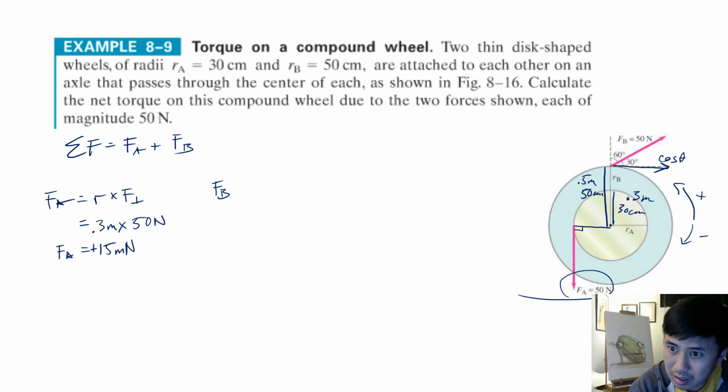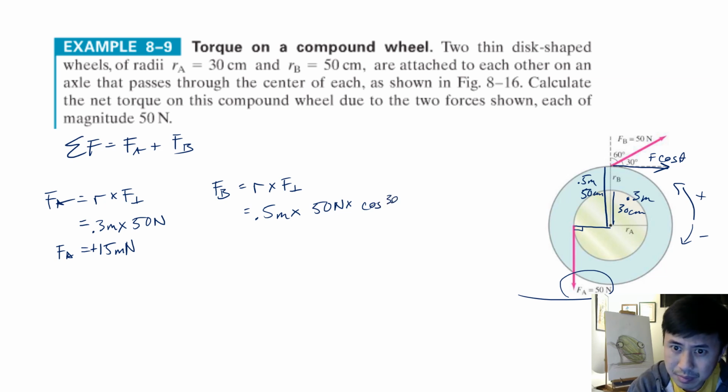It's cosine theta. This is F cosine theta. Okay, so this is R times the force that's perpendicular to it. In this case, the R is 0.5 meters. And the force that's perpendicular to it is going to be 50 newtons times cosine theta. Cosine of 30.